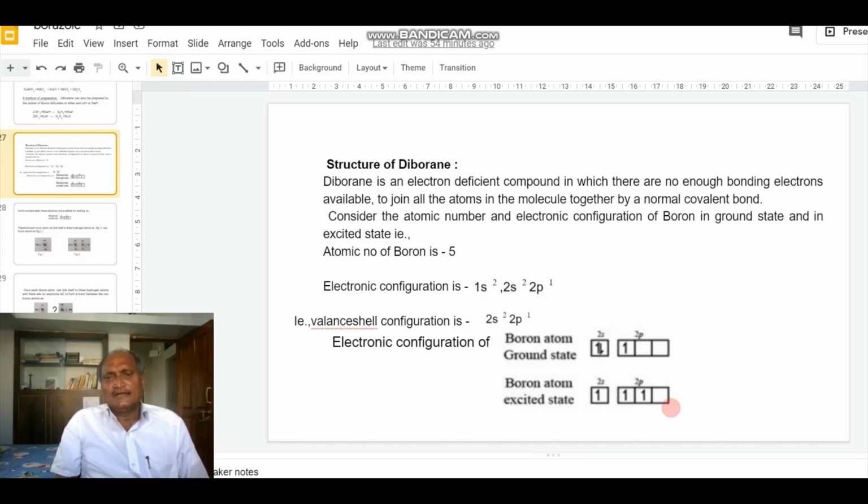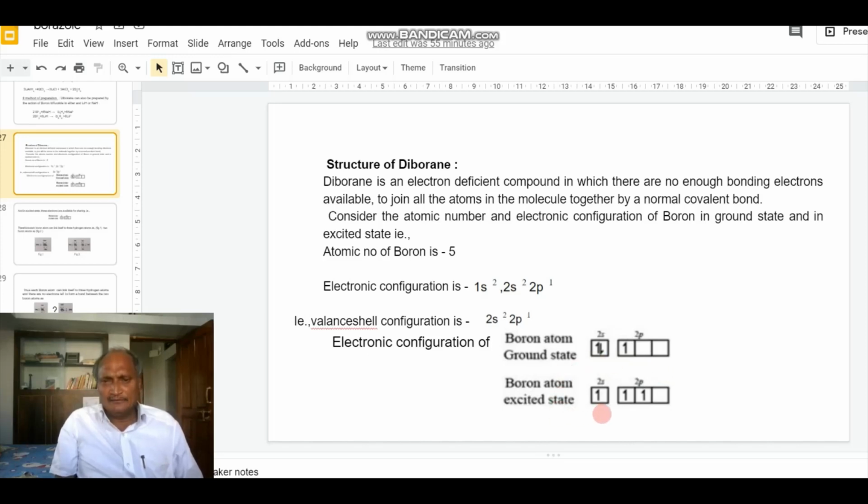So in the first excited state, as an electron belonging to the 2s subshell is excited to the 2py level, it indicates 3 half-filled atomic orbitals which are available for bonding. In the ground state, as the configuration is 2s2 and 2p1, only one half-filled atomic orbital or unpaired electron is available, which can make only one bond with one hydrogen atom.